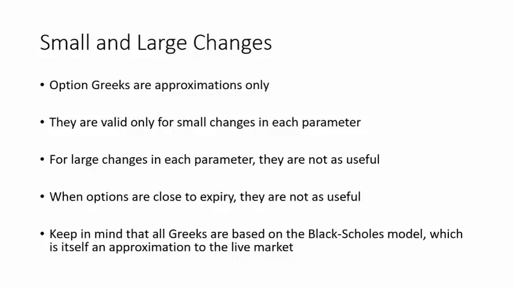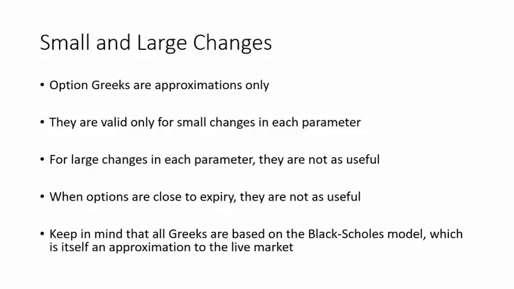Whereas when you're further away from expiry, that delta hedge will last longer, right? The deltas won't change so quickly. So this is why when you see, for example, the delta of an option close to expiry, it's not as reliable because it can change very quickly. That's the reason why it's less useful when options are close to expiry.